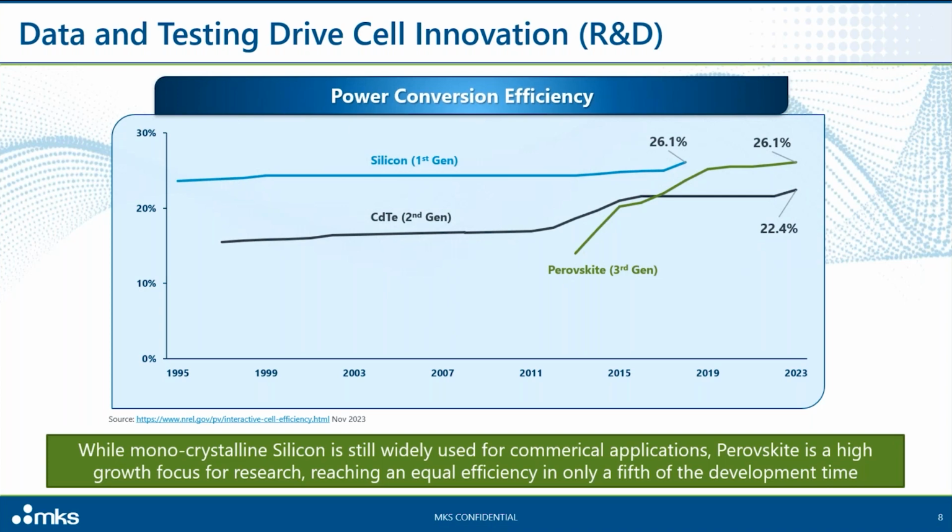But of great interest is perovskites, which in such a short time frame, about a fifth of the time frame that this data goes back to, has already matched the level of silicon efficiency at 26.1%. So again, monocrystalline silicon is still the widely used commercial application, as we saw in the previous slide, but perovskite is a high growth focus for research. And again, that equal efficiency is of great interest for developing higher efficiency, lower cost, higher energy output panels and other photovoltaic devices.